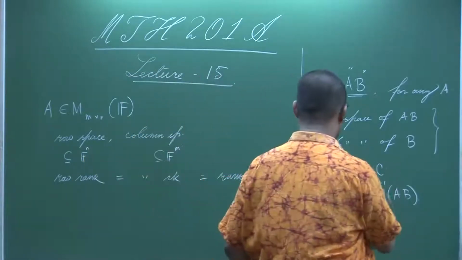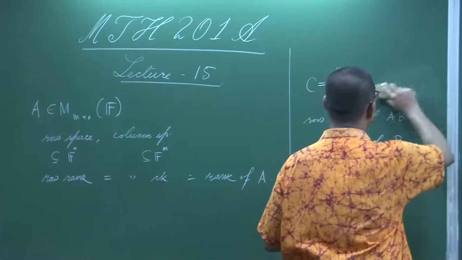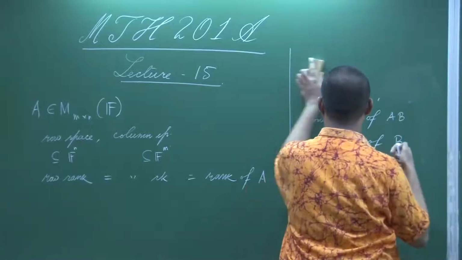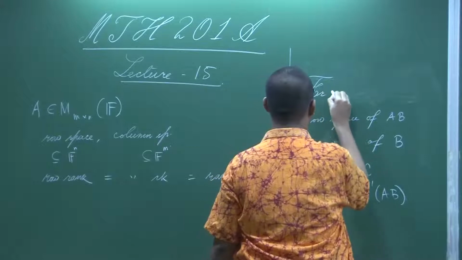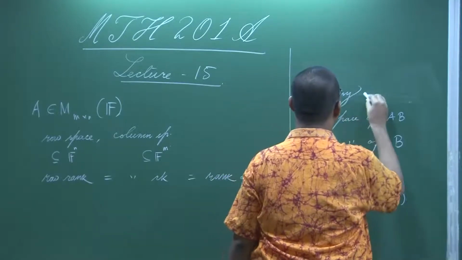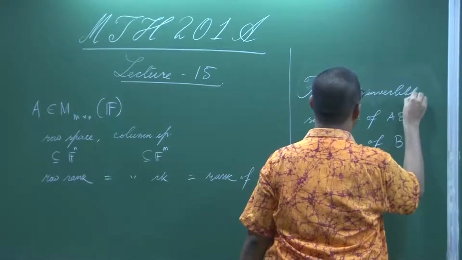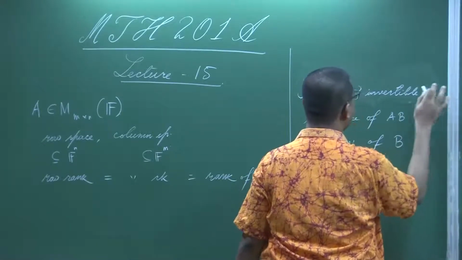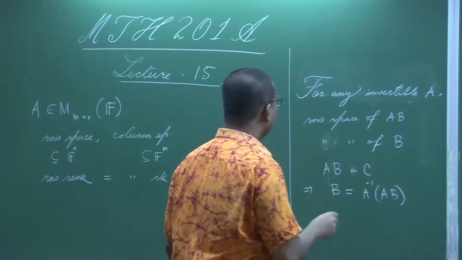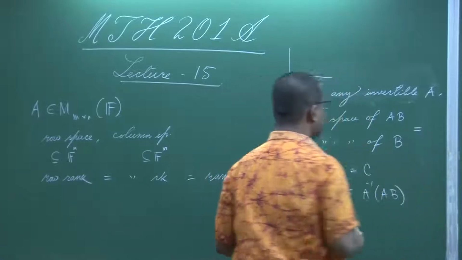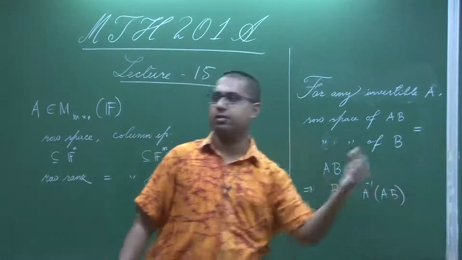So, for any invertible A, I said it wrongly to begin with, the row space of AB is the same as the row space of B, because in that case we can write B as A inverse times AB.